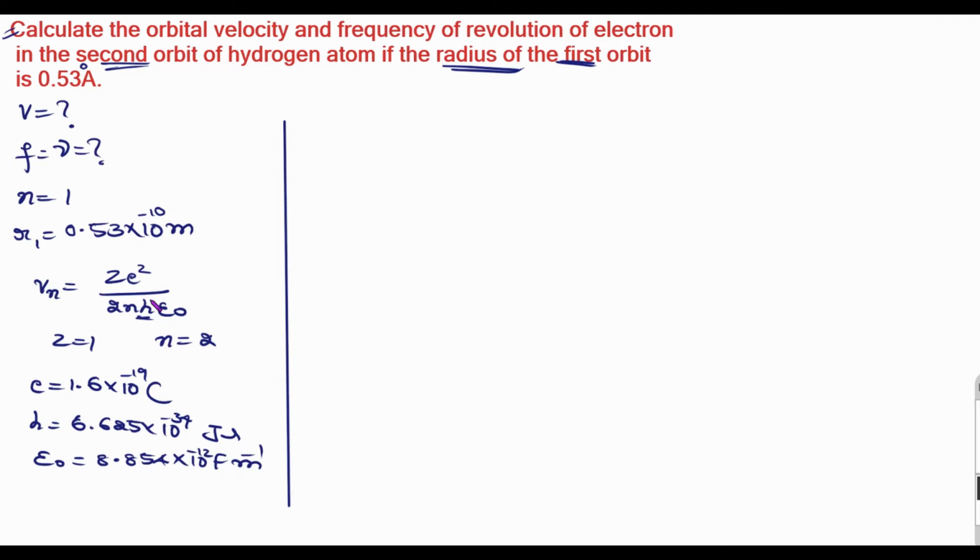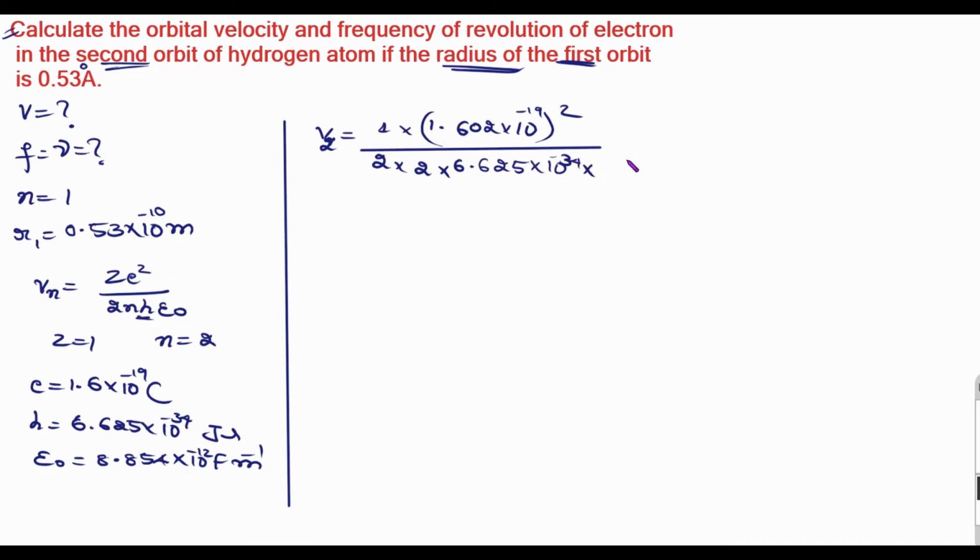So substitute this in the expression: Vn, which is V2, the velocity in the second orbit, is equal to Z is 1 into 1.602 into 10 to the power of minus 19 whole square, divided by 2 into the value of n is also 2 into h is 6.625 into 10 to the power of minus 34 into epsilon naught is 8.854 into 10 to the power of minus 12.